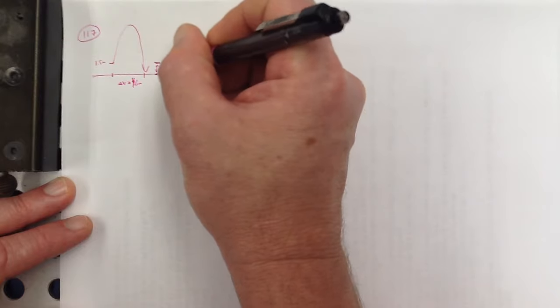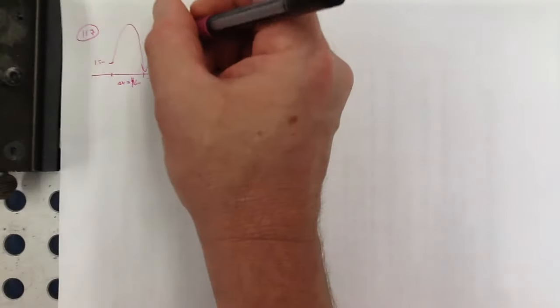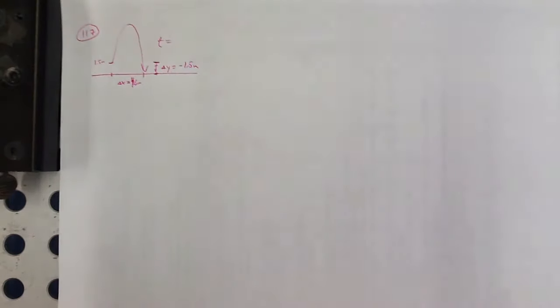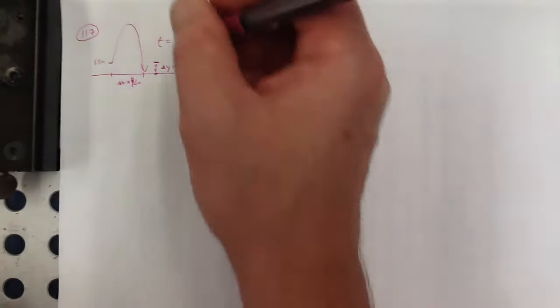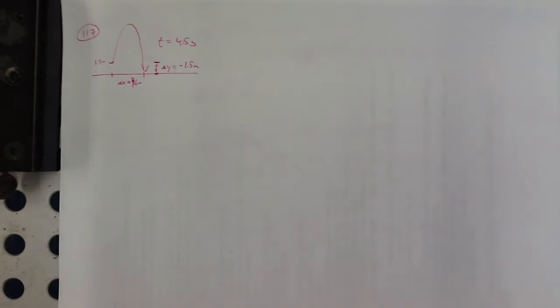This isn't a super hard problem, but in my experience, that is a common mistake, to not get that negative sign. And we want a hang time, which means that's how long it's in the air, of 4.5 seconds. All right, and we want magnitude and angle of the ball's initial velocity.